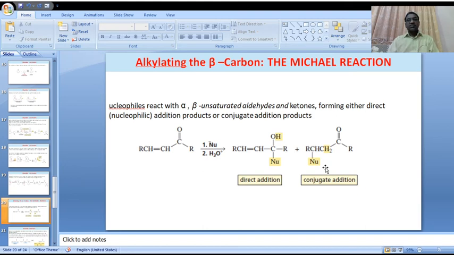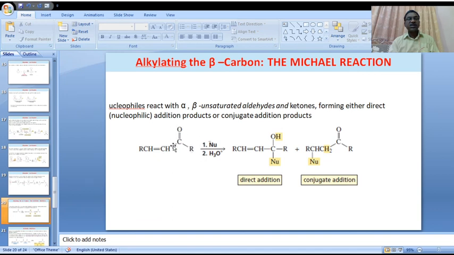Here, alkylating the beta carbon, the Michael reaction. This Michael reaction is a very important and very interesting reaction. Please concentrate. Nucleophiles react with the alpha beta unsaturated carbonyl compound.